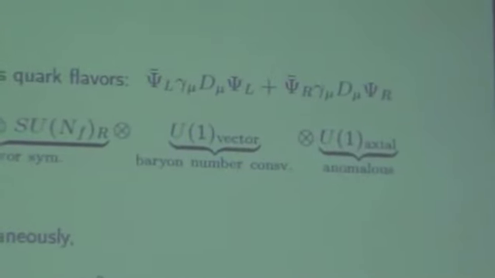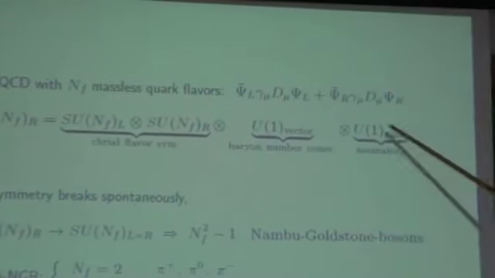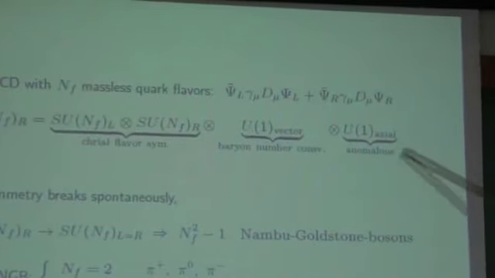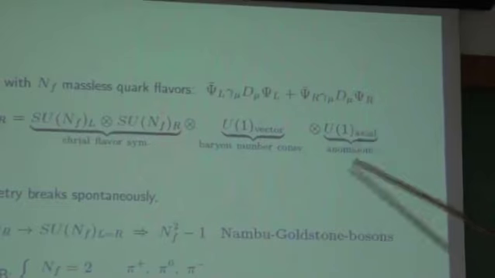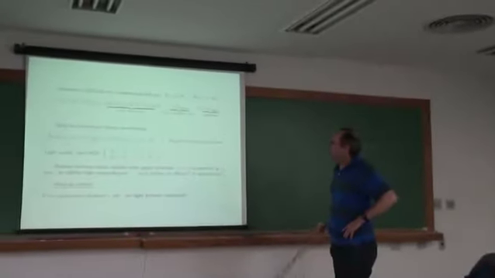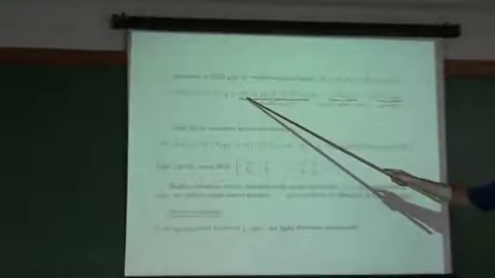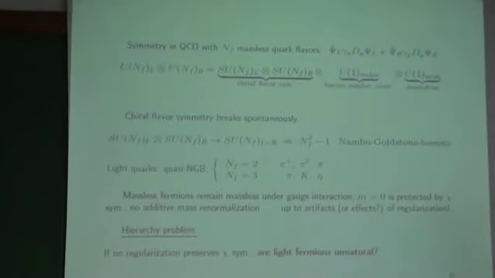This is called the axial symmetry, and that breaks under regularization, under quantization. So this is an anomaly. This can be demonstrated by perturbation theory. It's an interesting effect. I think Sebastião is an expert on that, but he is not here today. But what we are most interested in here is this SU(NF) cross SU(NF), which we call the chiral flavor symmetry.